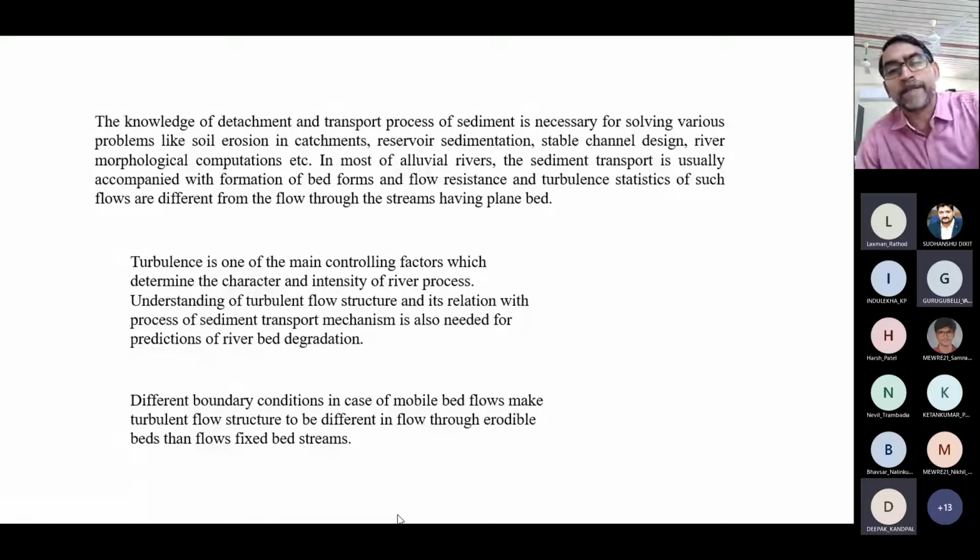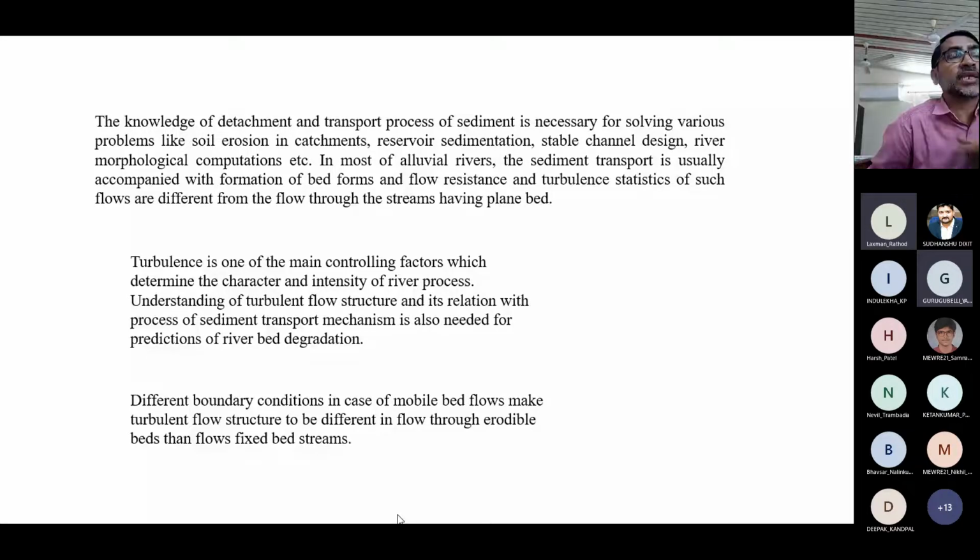The dimensions of the channel are constant. So we can say a lined canal. Even slope is constant, that is also partially correct. But if you have a cement concrete lined canal, that is a fixed bed stream. So the turbulent flow conditions or turbulent structures would be different in a fixed bed stream compared to the mobile bed stream, which we are just discussing, that is the degraded bed. Okay.